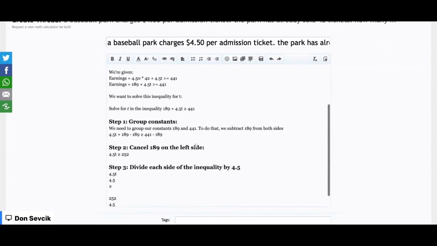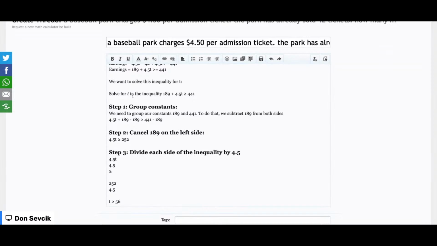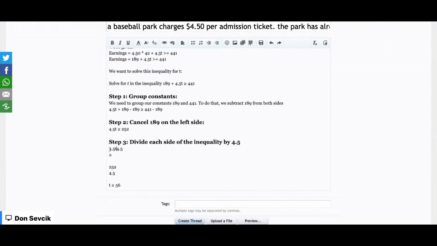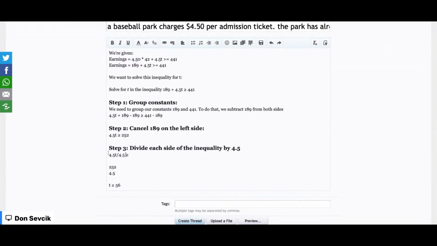Okay. So I took this inequality, dropped it in our math engine, grabbed the work and the answer, and I'm pasting it back here so you can see. We want to solve for t in the inequality 189 plus 4.5t greater than or equal to 441. First thing we do is eliminate the constant on the left side because we want to isolate the t term. Second, we divide each side by 4.5. Why?